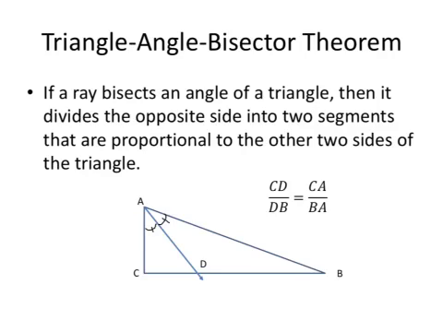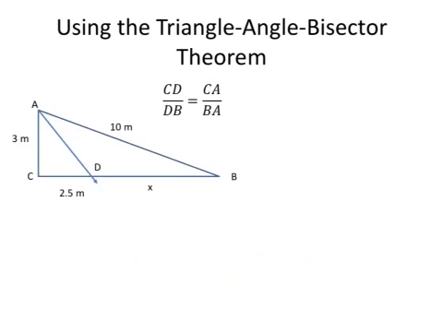Okay, so they're all proportional. So CD divided by DB is going to equal CA divided by BA. Okay, the other way we could write this is DB divided by CD equals AB divided by CA. Okay, just so that you know that these two sides have to be divided somehow, right? And then whichever one of these two segments are on top, the side that's adjacent to it will also be on top. Okay, that's kind of how it works and how you can remember it.